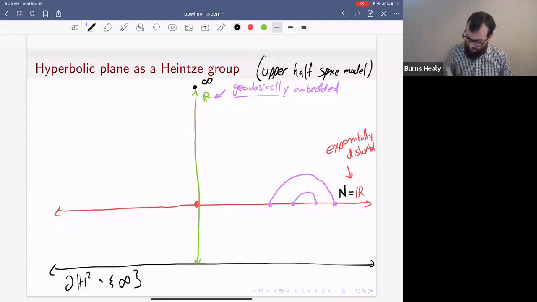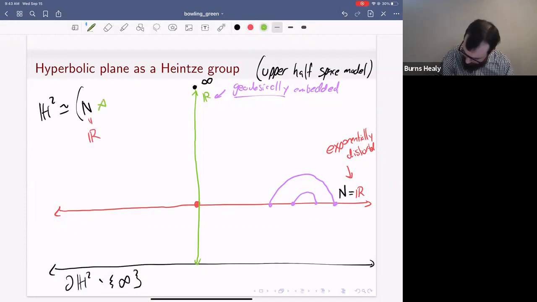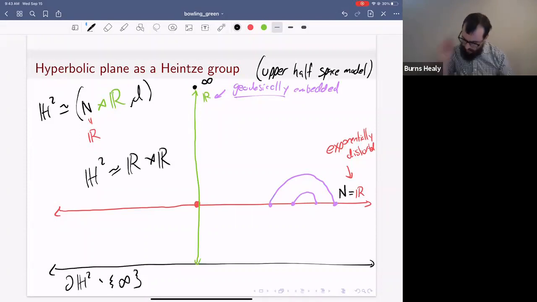It's a very particularly nice copy of N. Then what we see is that H2 actually looks like this N, where again, this N is just this red copy of R semi-direct with this green copy of R, again equipped with some particular left invariant metric that you get when you look at the geometry of this space.